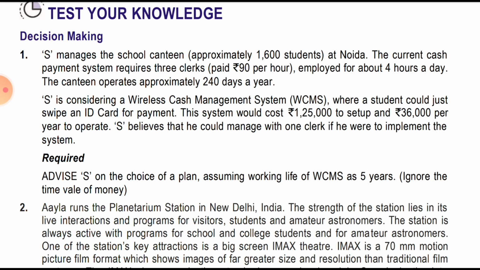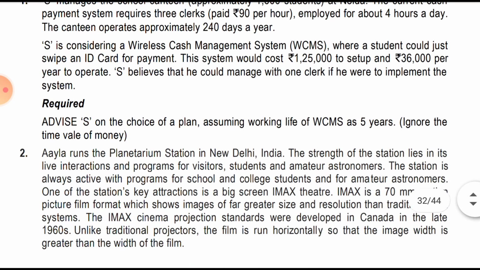And in the second situation we will incur a cost of 1,25,000 at the beginning, then 36,000 every year multiplied by 5, plus 90 rupees per hour clerk cost. So for 1 year it is 86,400, and for 5 years it will be 4,32,000. So it is amounting to 7,37,000. So in the first it is approximately 12 lakh cost, and after implementation of software it is 7,37,000. So we will go through the answer.